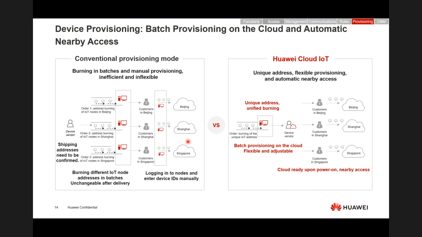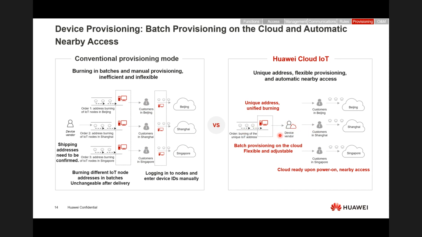Device provisioning, which I mentioned before. If you have different customers and the devices are in different regions, maybe Beijing, Shanghai, or Singapore, and you want to change from Beijing to Shanghai, you would need to upgrade the software of your device. But if you use the device provisioning feature, there is no need to change.